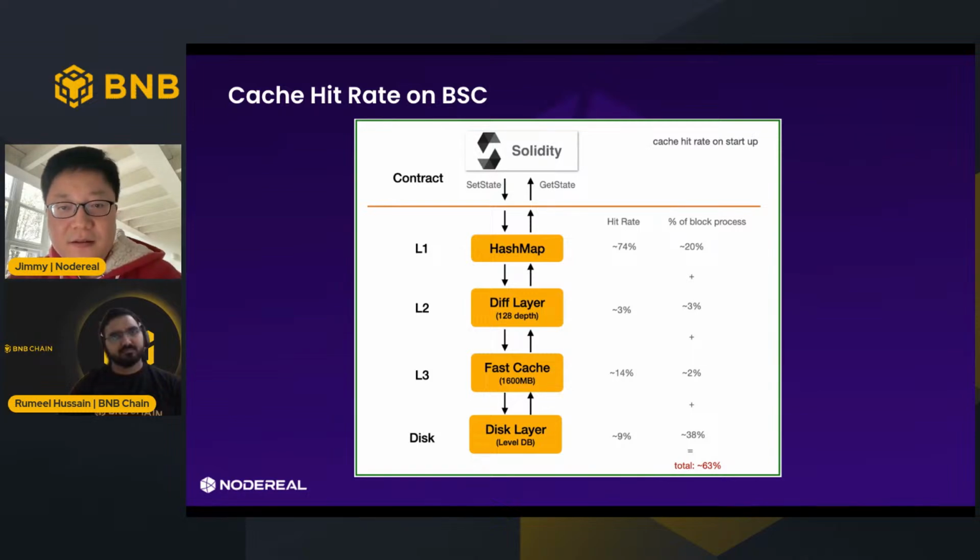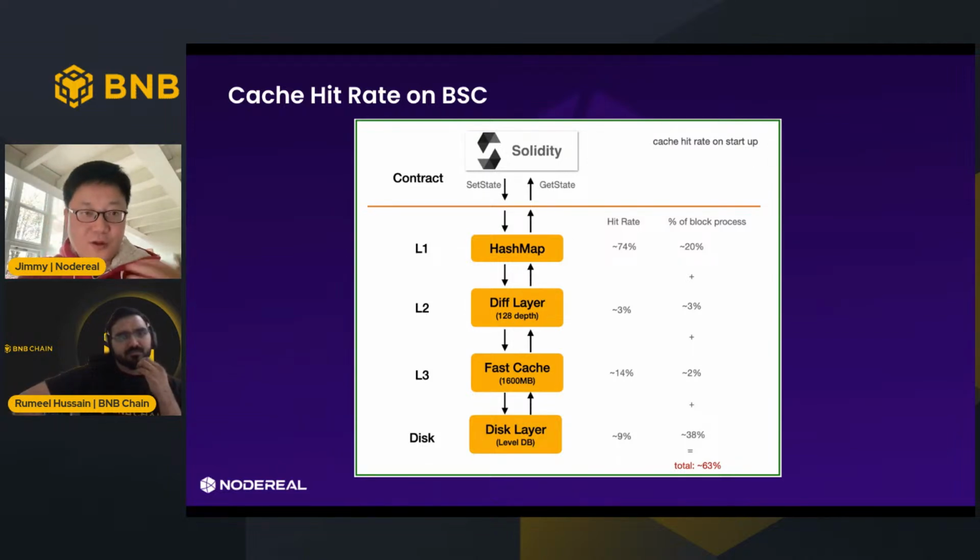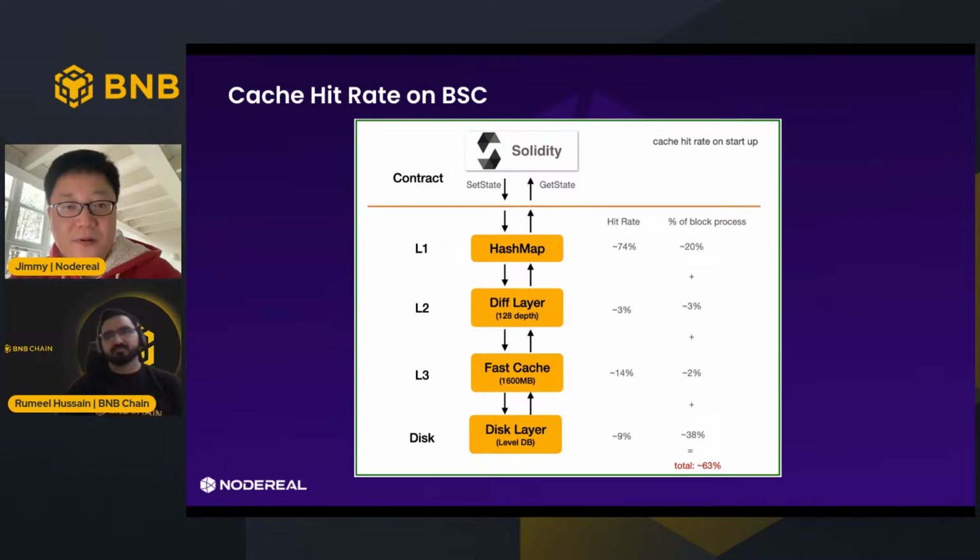You can see here the cache hit rate in the different layers is about 63 to 77%. It depends on how long your node has been running. After a while, the hit rate can reach around 77 or 78%. So that's our testing data. We want to increase the hit rate even further. So how do we do it?